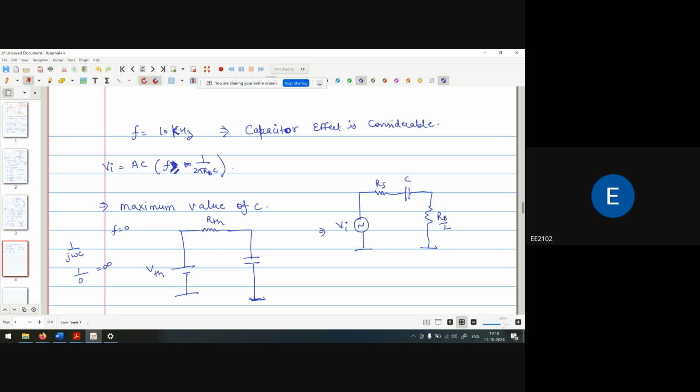Now, we have to calculate the value of C by using some consideration.